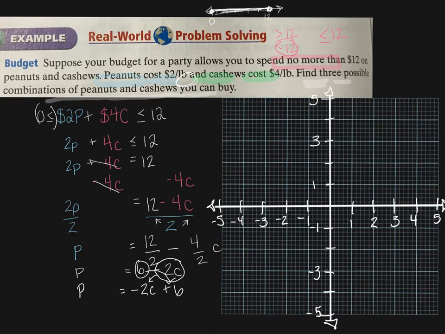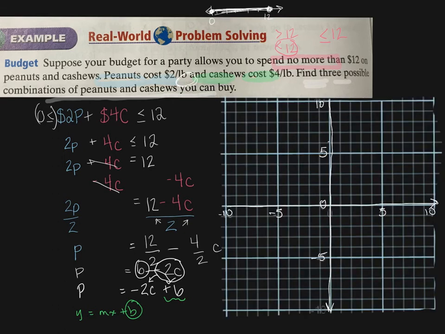So knowing that this is in the form of y equals mx plus b, b is my y-intercept, so that's right here. And of course I chose a graph where that's not even on here. Hold on. So my y-intercept is at 6, and my slope is a negative 2c. So let's do up 2 and over to the left 1, up 2 and over to the left 1, or down 2 and over to the right 1.